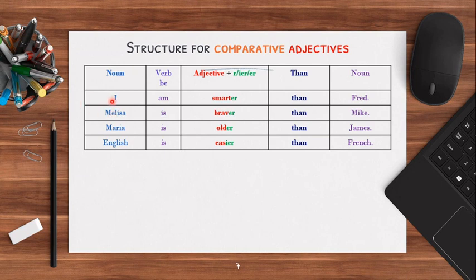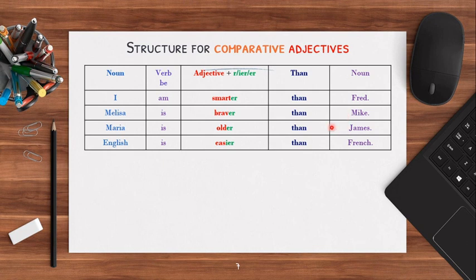So let's make this easier, or let's explain this. I am smart. You say I am smart for just saying that you're smart, right? But if you want to say that you're smarter than another person, you say I am smarter than Fred, or I am smarter than Mike, or I'm smarter than James.